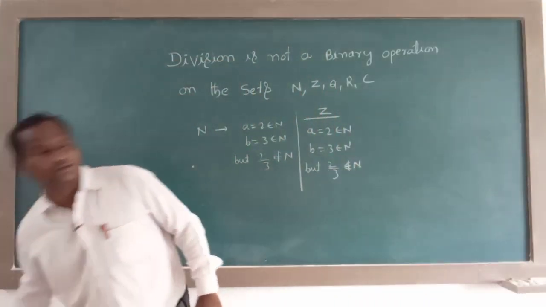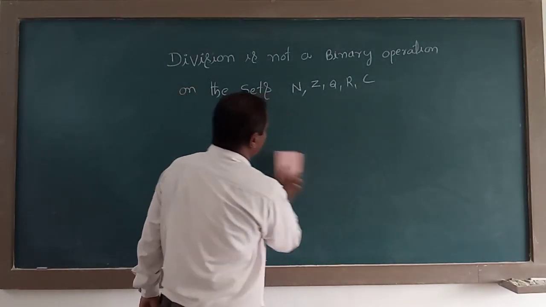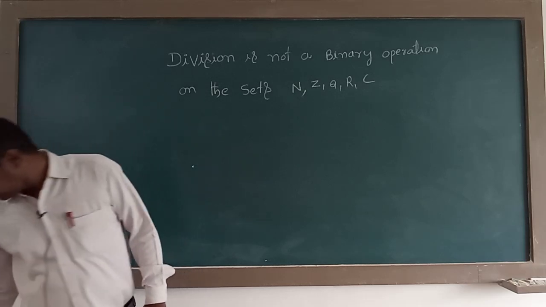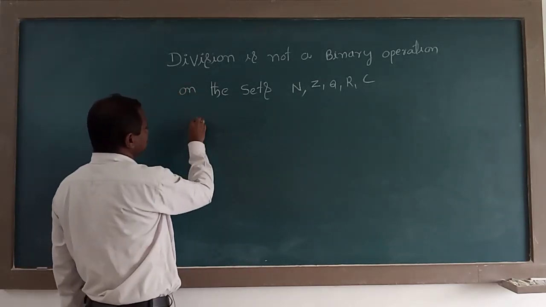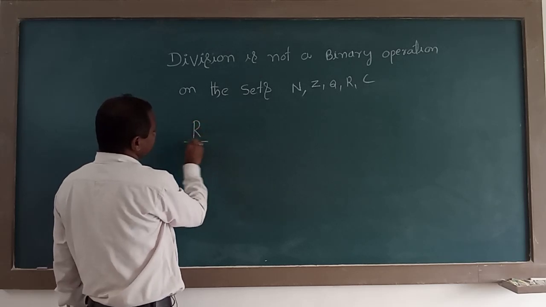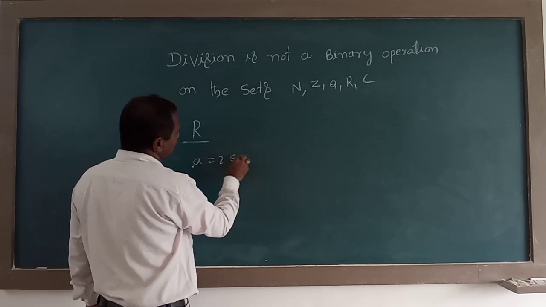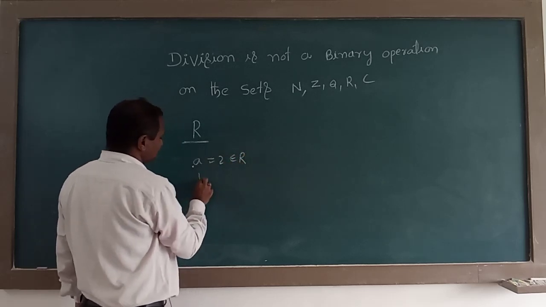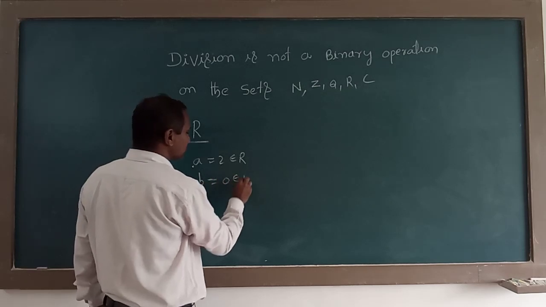Listen carefully here. In the case of R, the set of all real numbers, a belongs to capital R, and b equals 0. Zero is also a real number, you can take 0 also.